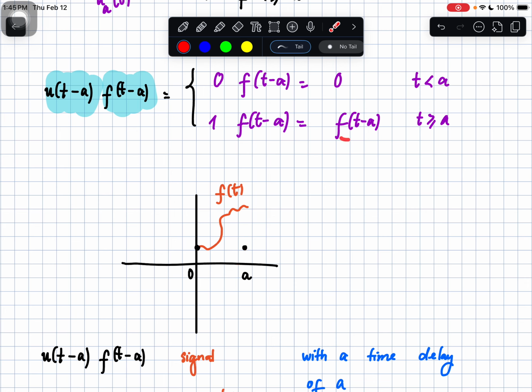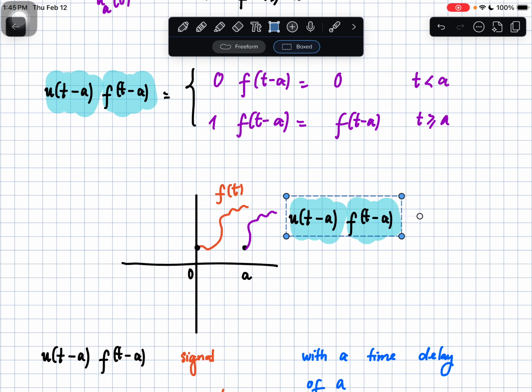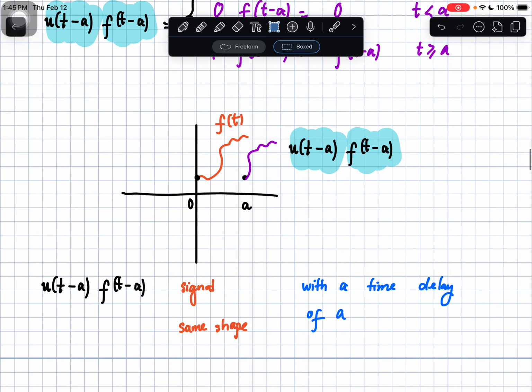So it's exactly the same shape as this one, but with a delay of a. So the new one here is u(t minus a) f(t minus a). It describes a signal of the same shape as f, with a time delay of a. This axis is time.